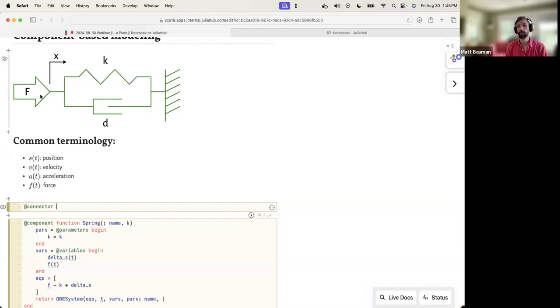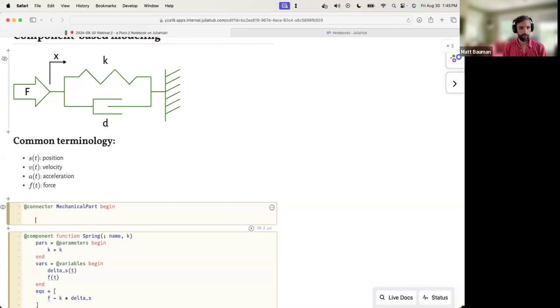And so that's what connectors do. We'll call this a mechanical port. And this uses a somewhat similar way of working. We have this special connector keyword. We name it a mechanical port, and then we have this block of code that's wrapped with a begin and an end, in which we include the variables that we connect.